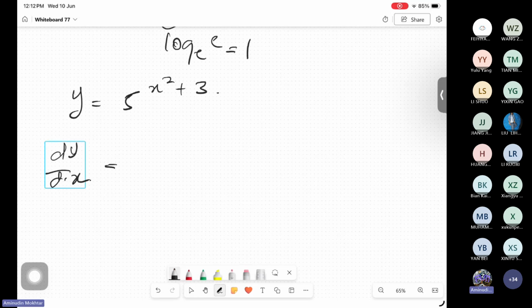dy/dx. Okay, based on this rule, we just write the equation again: pi to the power of x squared plus 3, times ln pi.